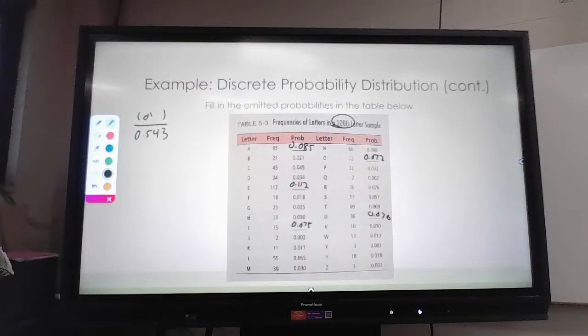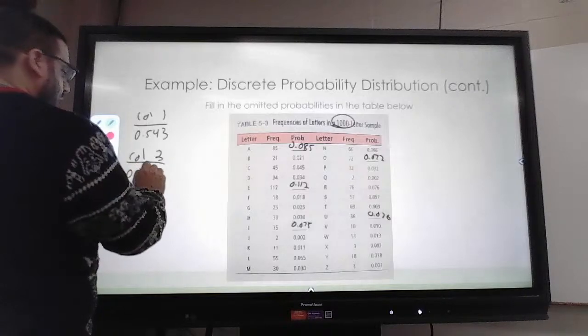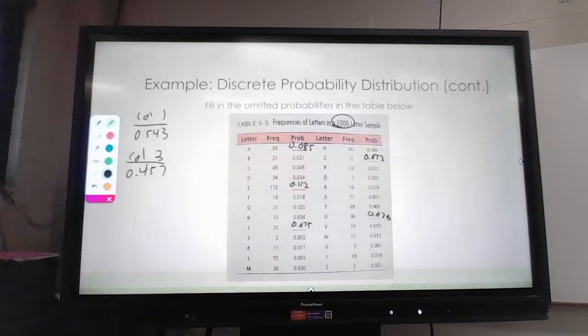Now, in order for this to be a probability distribution, both columns have to add up to give me 1. This means that the sum of column 2 has to be 0.457. If I don't get 0.457, it's not a probability distribution.